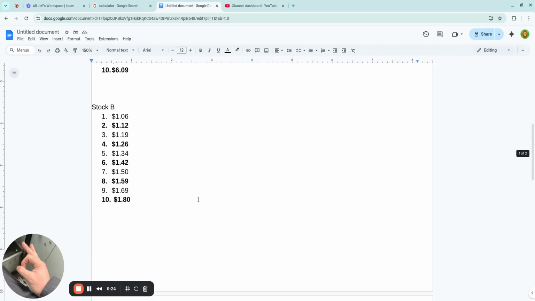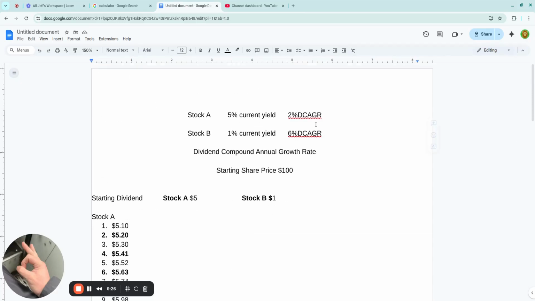And I think I'm going to do a few other ones, manipulate the numbers up here a little bit, potentially think about actual companies, instead of stock A and B, and put them head to head against each other. Obviously, you can't predict what the exact compound annual growth rate will be moving forward, but you can do your best and just figure out what you think it'll be.